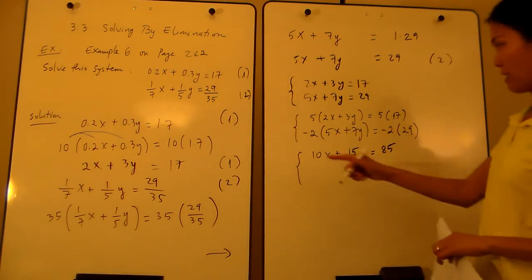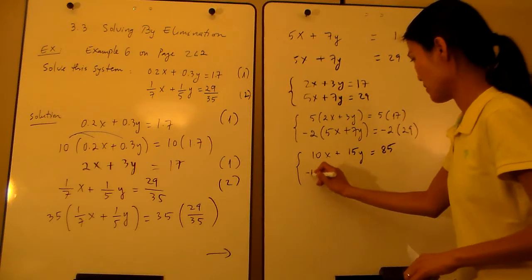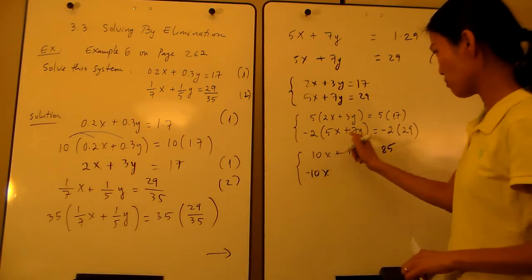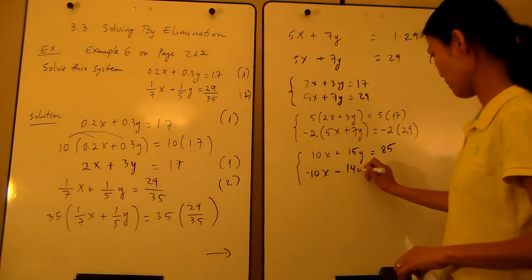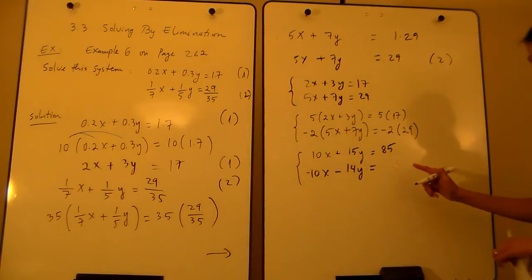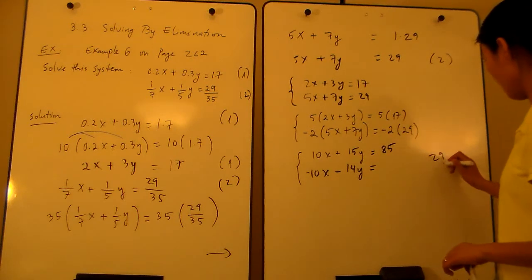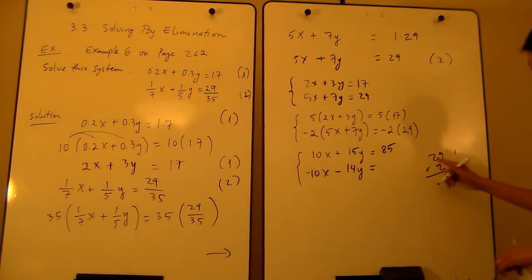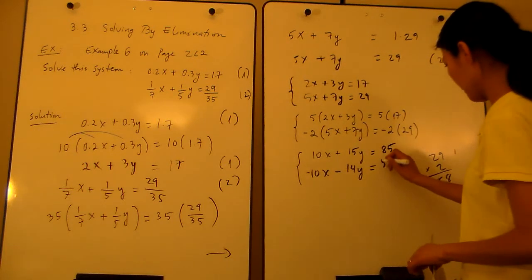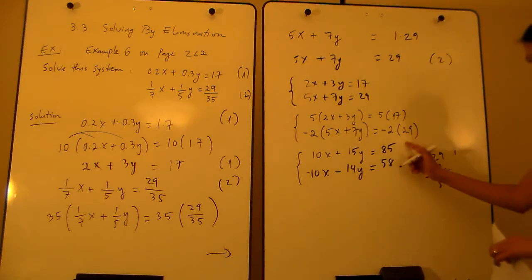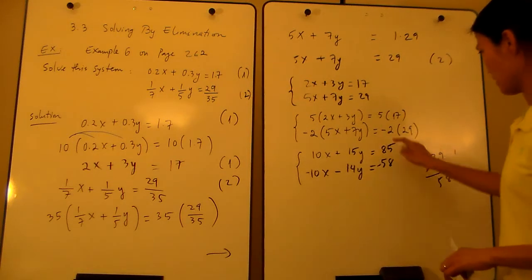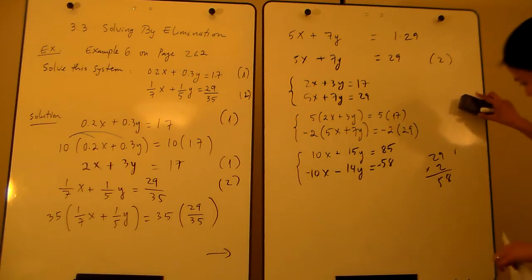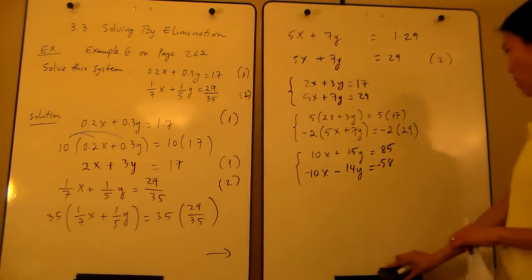For the second equation, we do the same thing. We distribute: -2 times 5 is -10x. -2 times 7 is -14y. -2 times 29: 2 times 9 is 18, 2 times 2 is 4, plus 1 is 5, so 58. Don't forget the sign, because of the negative, so -58. We're almost there.